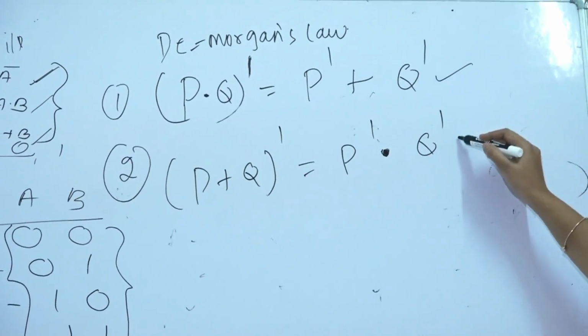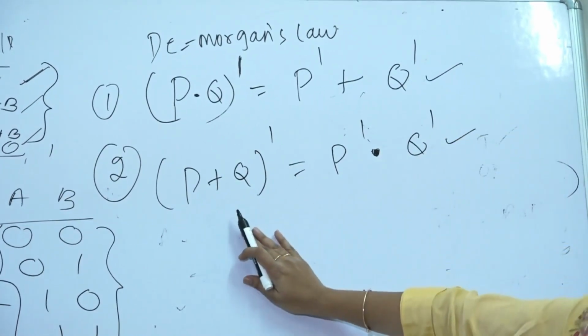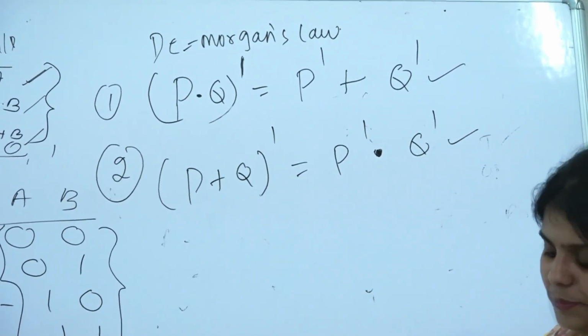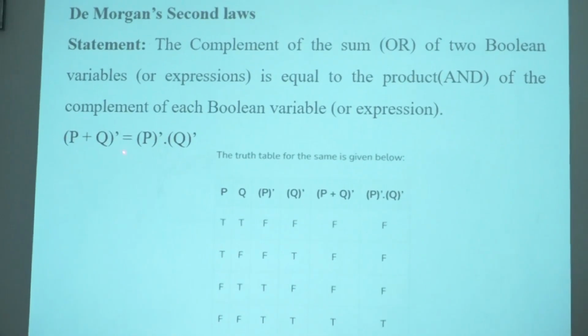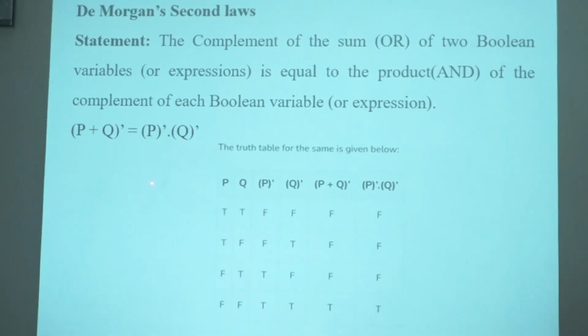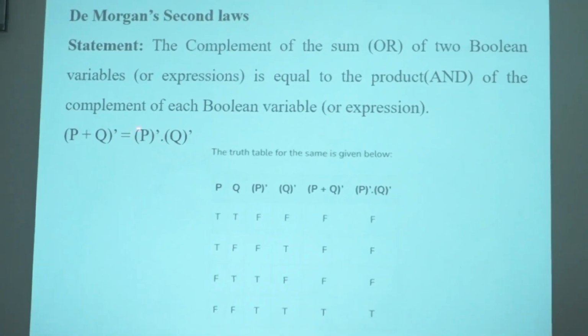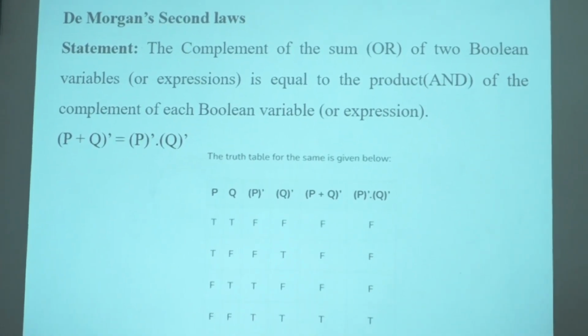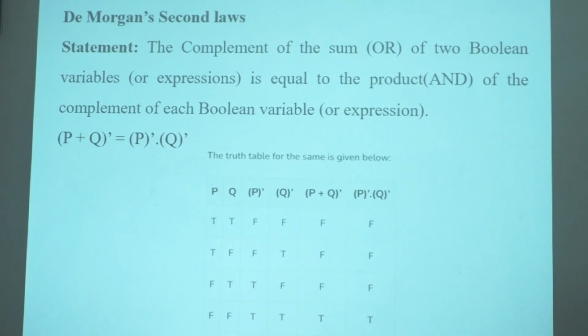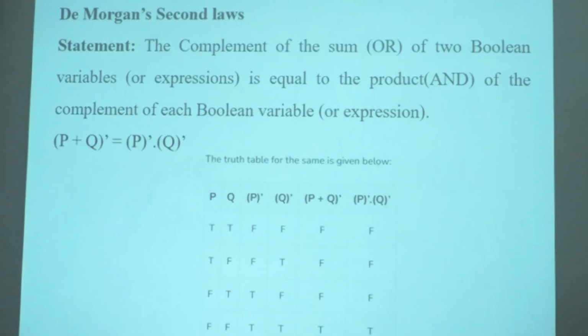So this is De Morgan's law 1 and this is De Morgan's law 2. Focus on the board. The complement of the sum of the two Boolean variables P and Q, P plus Q, is equal to the product of the individual complements, P bar times Q bar, and this is the corresponding truth table of that De Morgan's law.